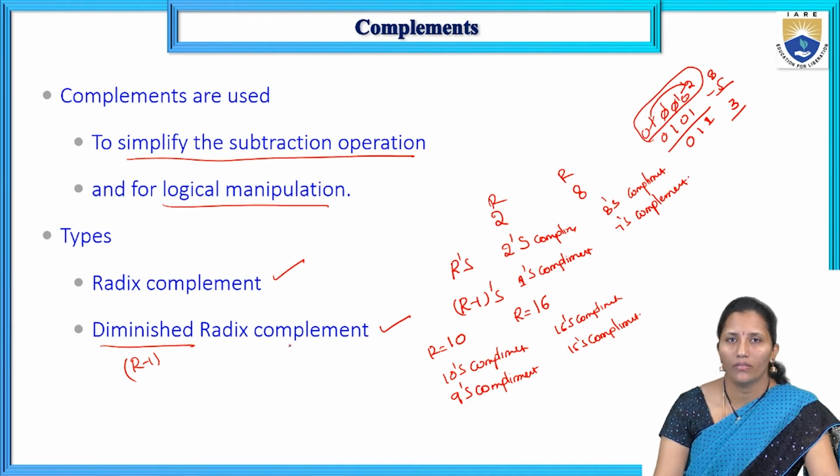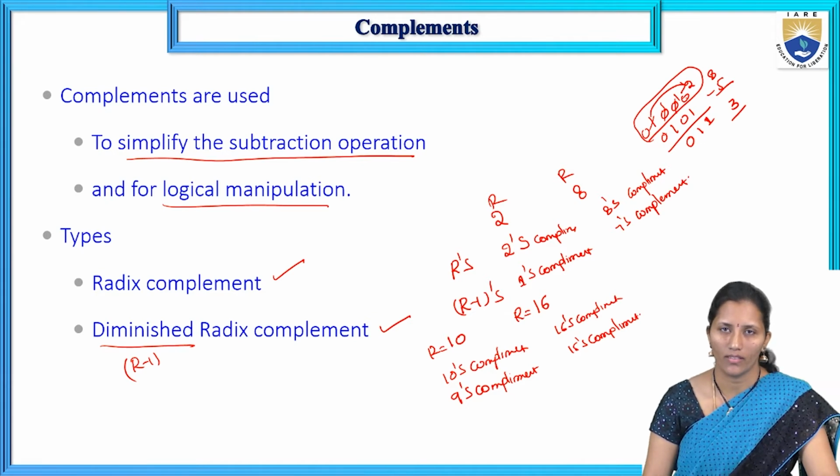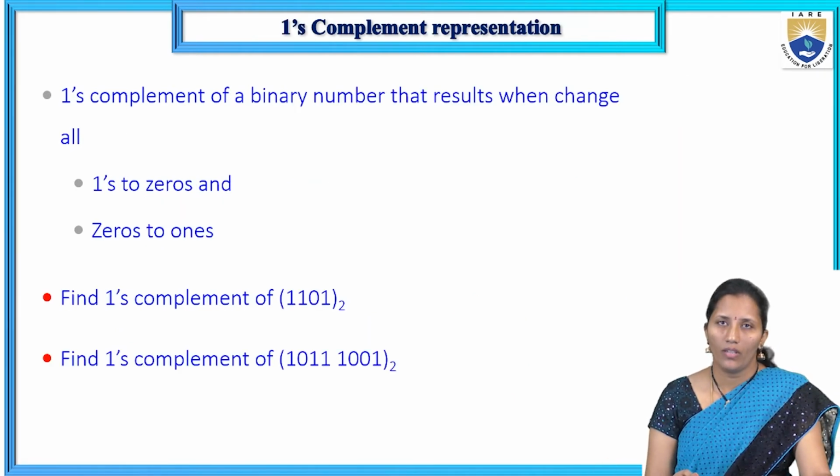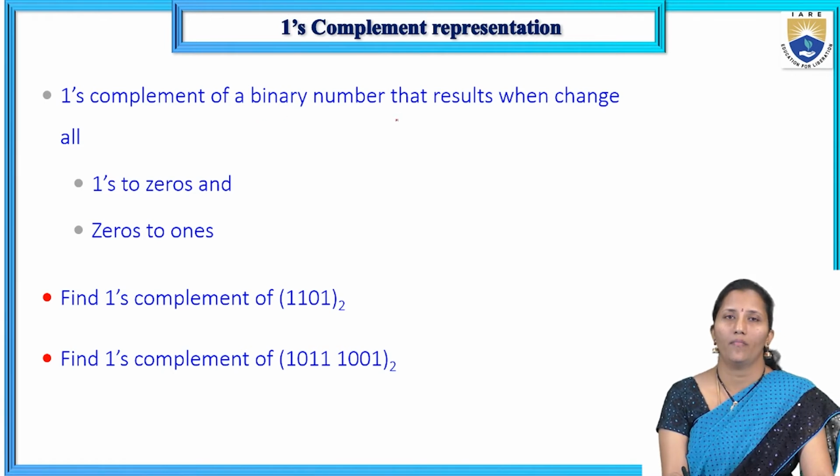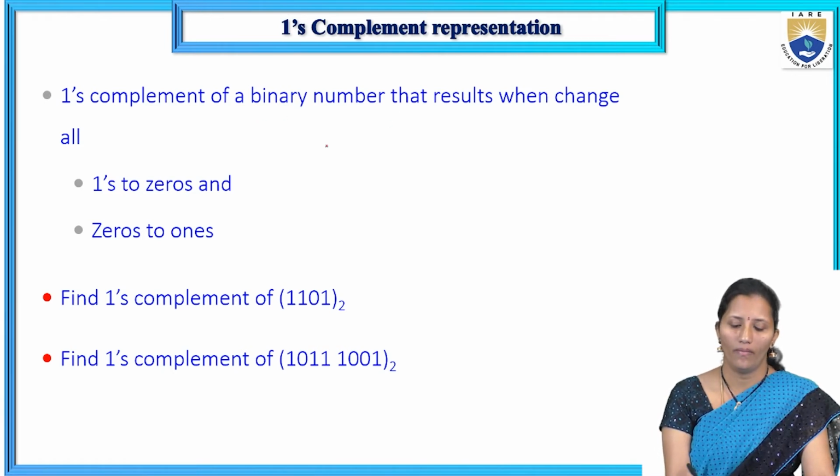Before going to that, we will see what is 1's complement, 2's complement, 9's and 10's complement. Then we will do some subtractions. So what is 1's complement? The 1's complement of a binary number is the result when all 1's become 0's and 0's become 1's. For example, I have 1 0 0.